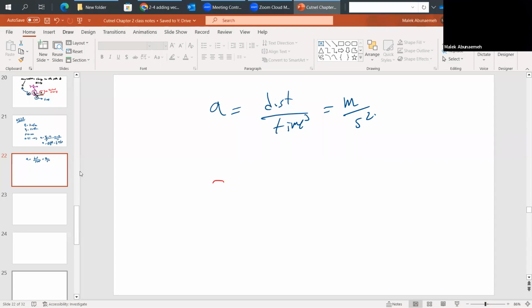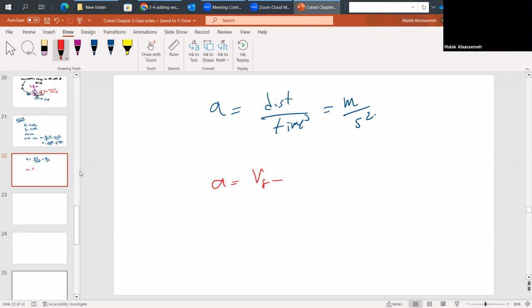So your acceleration, again, is defined as VF minus VI over T. That means if you solve for your final velocity, you're going to get A times T plus your initial velocity.